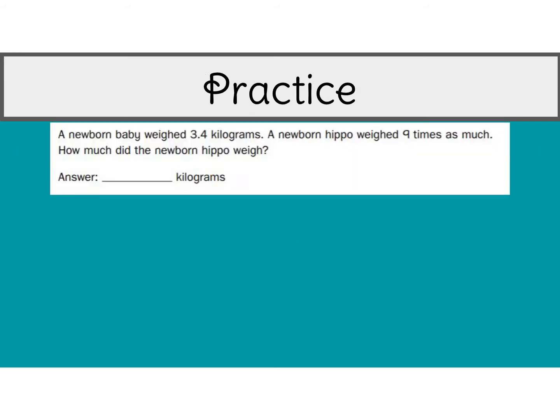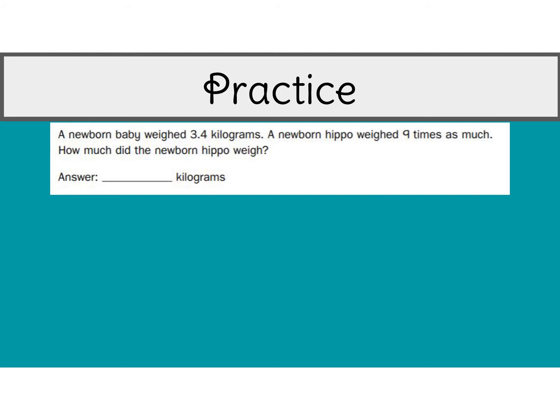So when we take a look at this first example, we have a newborn baby weighed 3 4/10 kilograms. A newborn hippo weighed 9 times as much. How much did the newborn hippo weigh? Answer blank kilograms. So you'll notice in the problem itself we have a decimal, and it is 3 4/10.